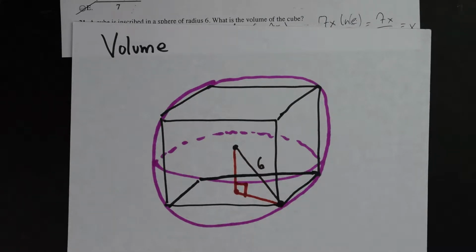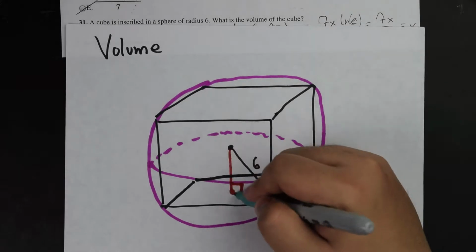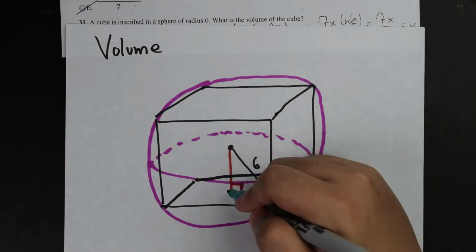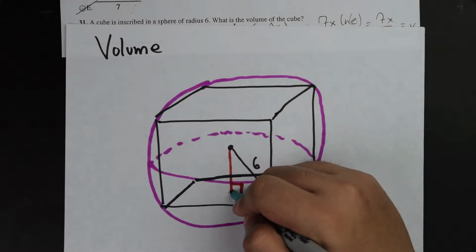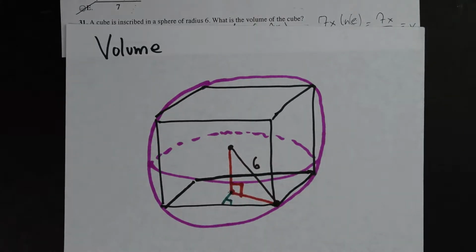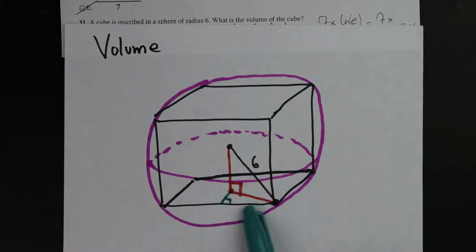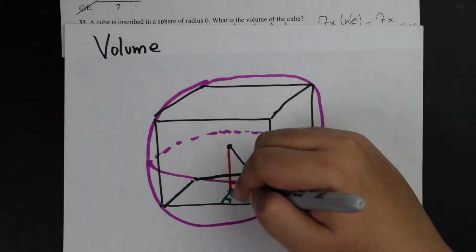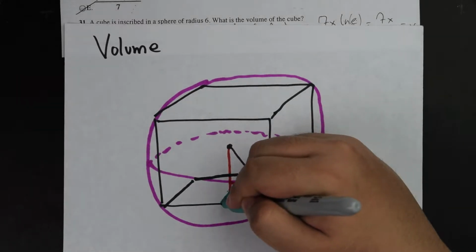What we do know is that there is another possible triangle right here, and I'm going to use a different color for this. This triangle is also a component of another right triangle on the base of this cube. I'll trace it out a little better so you can actually see where it's at.